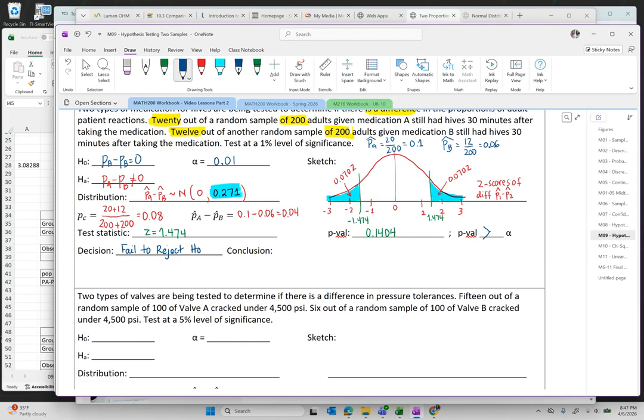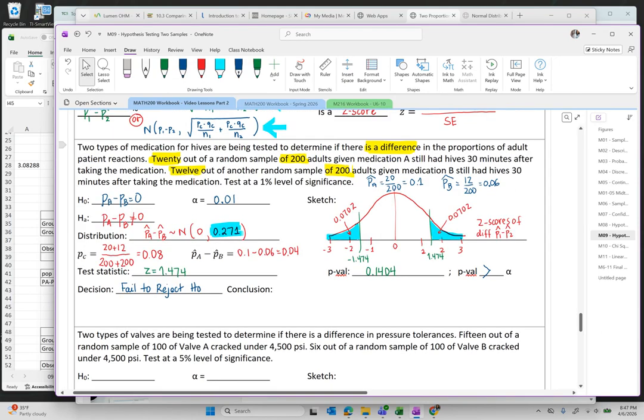Now, the conclusion will be that at the 1% significance level, the sample evidence did not provide sufficient evidence to reject the null hypothesis. Remember, in your conclusion, you cannot mention the null hypothesis. You want to also say, we didn't have enough evidence to support the alternative.